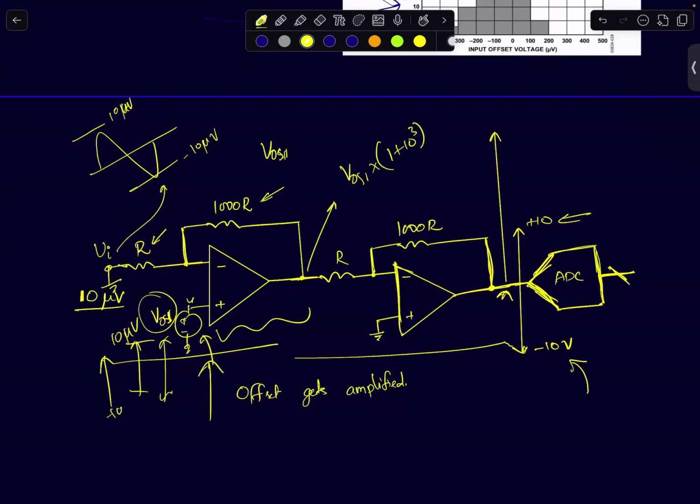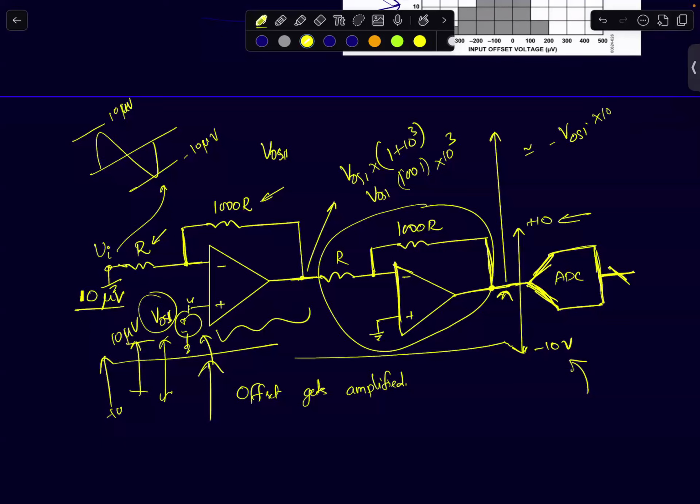So the first stage will amplify by 1001 times. The second stage is an inverting configuration, which will amplify it further by another factor of 10 power 3. So roughly, what you will get here is minus VOS1 into 10 power 6.